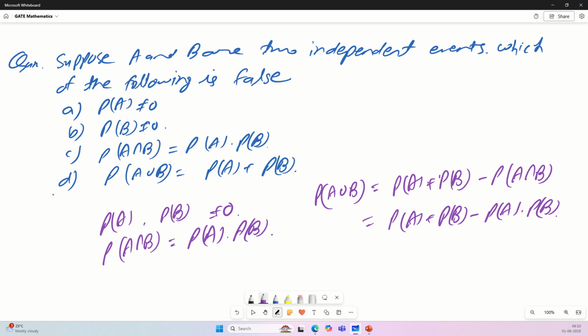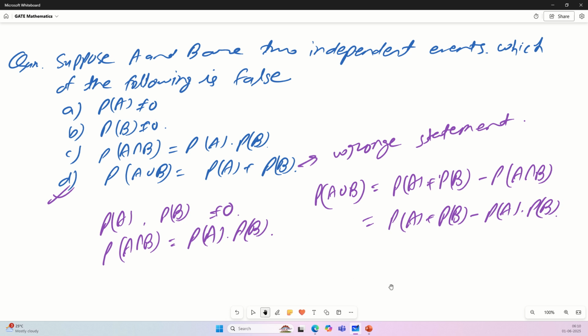So this is the right answer. This is my wrong statement. Understood? Because these two are independent, it means this is non-zero, this is satisfied, and these two are probably non-zeros. Okay.